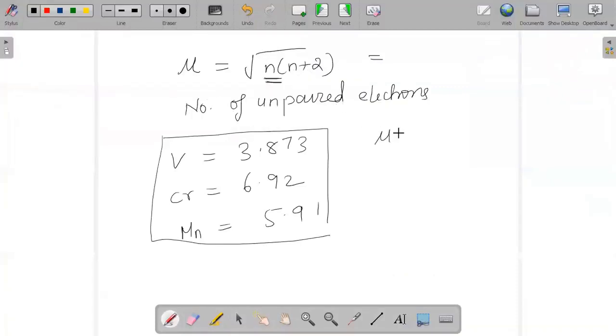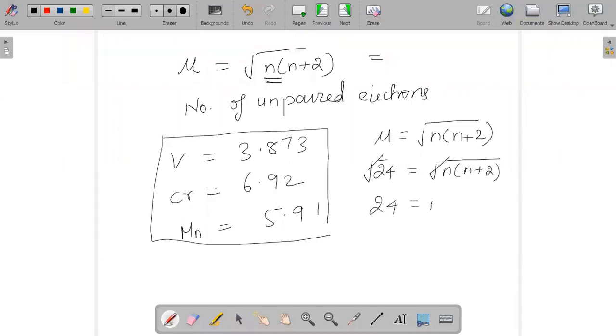The formula is mu equal to root of n into n plus 2. They have given it to be equal to root 24. Root you can cancel. 24 is equal to n into n plus 2, and you will get n to be 4.